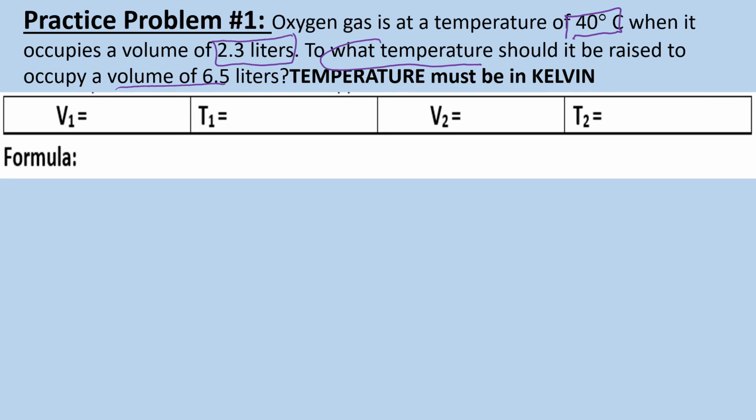So our initial temperature is 40 degrees Celsius. Remember, in the gas laws, everything needs to be Kelvin. So it should be 40 plus 273 is equal to 313. And our volume at 313 Kelvin is 2.3 liters.